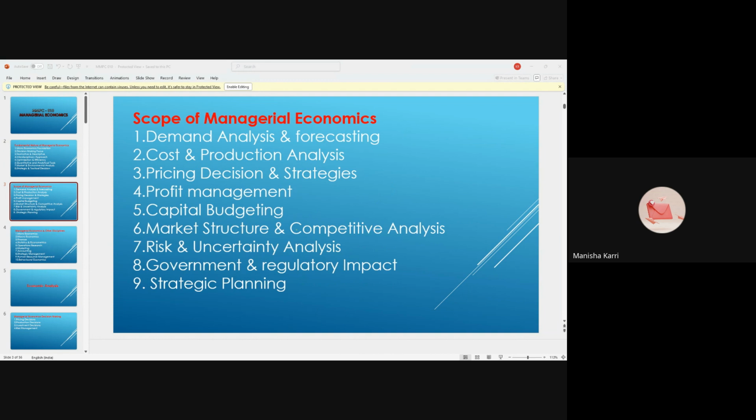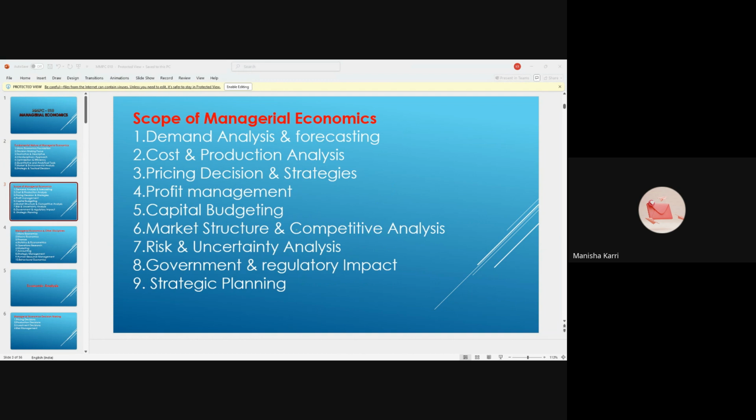Coming to capital budgeting, here we evaluate investment opportunities and make decisions about long-term capital expenditures for sustainable growth and profitability. Next one is market structure and competitive analysis.